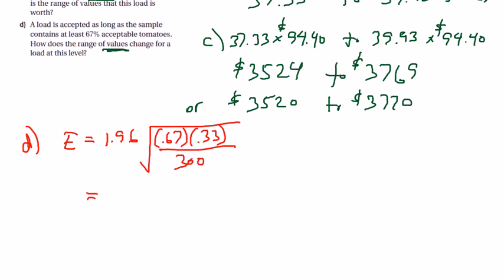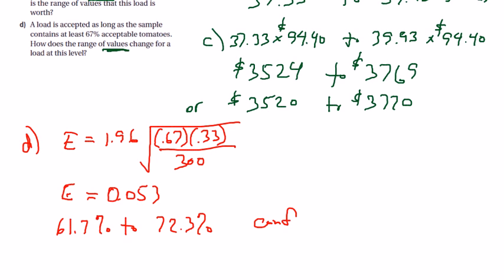And that works out to a significantly higher margin of error. It's 5.3%. So that works out to, if you subtract it or add it from the 67, you end up with 61.7% to 72.3% for the confidence interval.